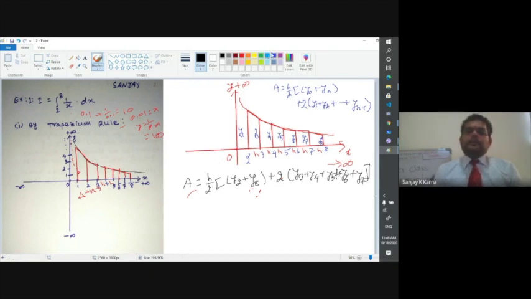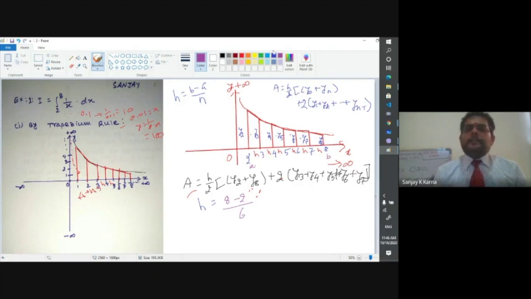Now we'd like to find the value of h here. You know that h is b minus a by the number of strips. Here this is a and this is b, so b minus a means 8 minus 2, divided by n, the number of strips. How many are there? You can check: 1, 2, 3, 4, 5 and 6, so we put 6.